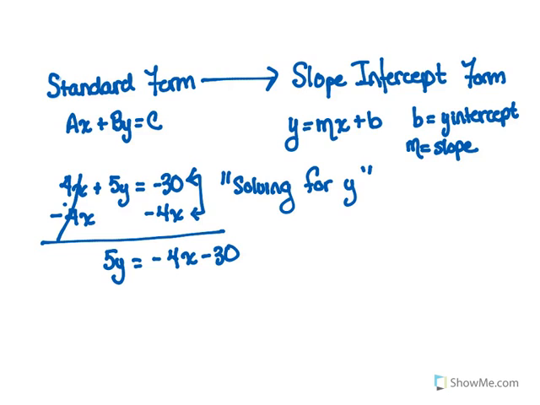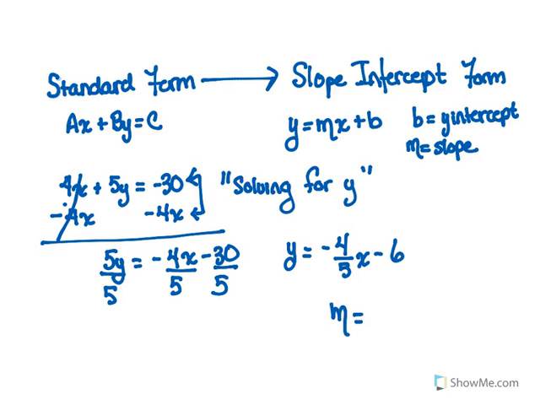Finally, to solve for y, remember, this is 5 times y. So how do I undo times? I divide. So I'm going to divide everything here by 5. Okay, so y is equal to negative 4/5 x minus 6. So that tells me that my slope is negative 4/5, and my y-intercept is (0, -6).